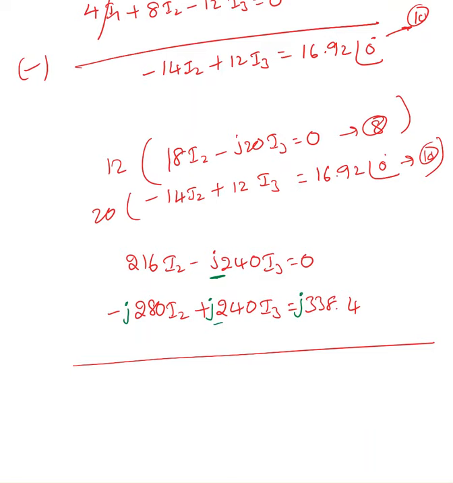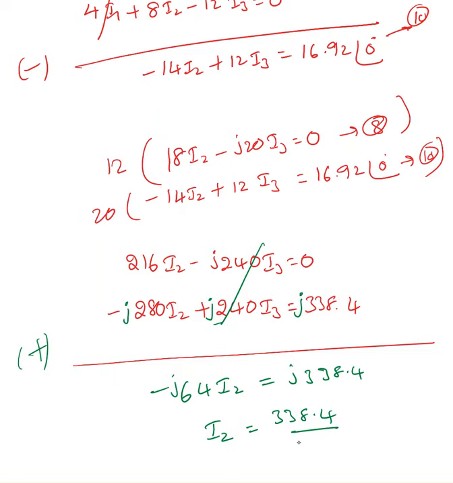Now I can cancel these two. I'm adding, basically. So minus J64 I2 equal to J338.4. Now J gets cancelled, I2 equals 338.4 divided by 64.